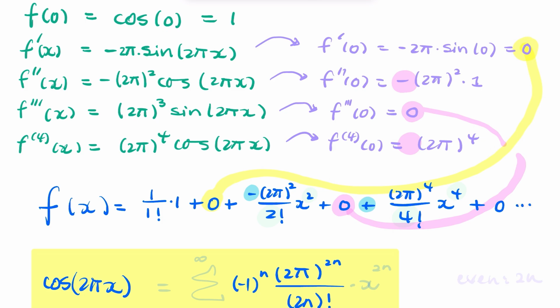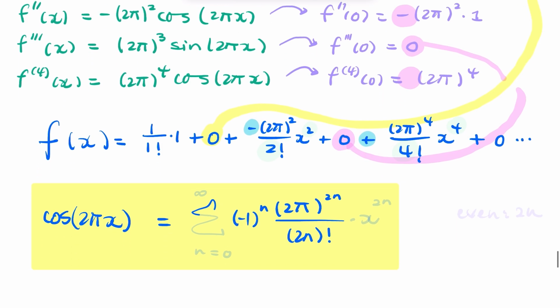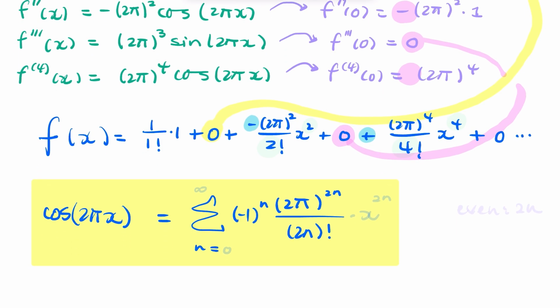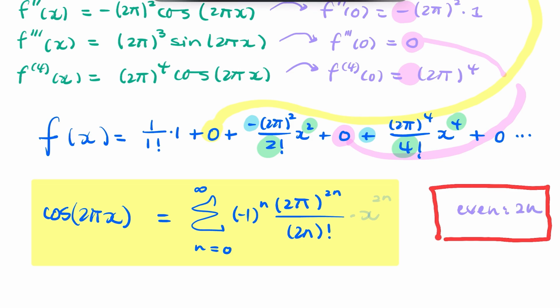So we can rewrite that as a summation from n equals 0 to infinity. Now, if you look carefully, what we have is denominators which are even and powers which are even. And we can write even numbers as 2n.